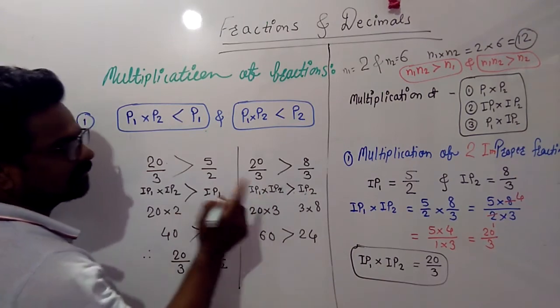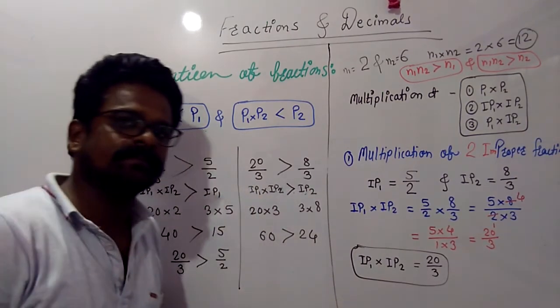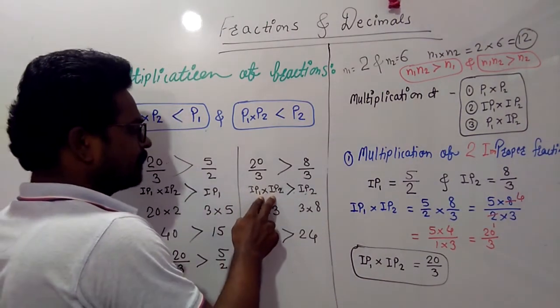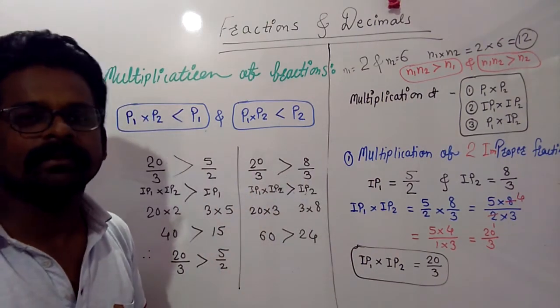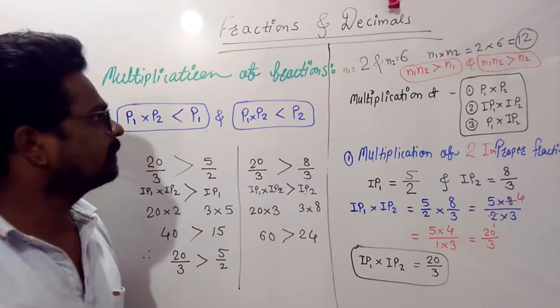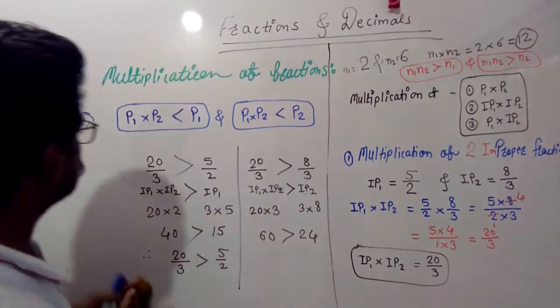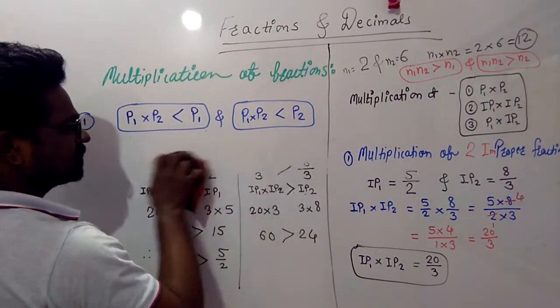Means the product of two improper fractions is always greater than the individual improper fraction. Okay, fine, no problem. So that will be our conclusion, and we can write here.